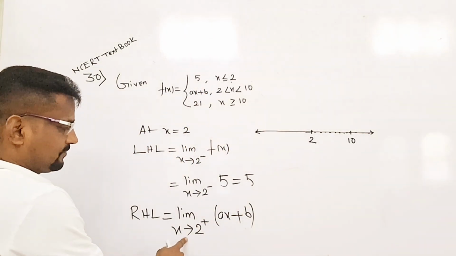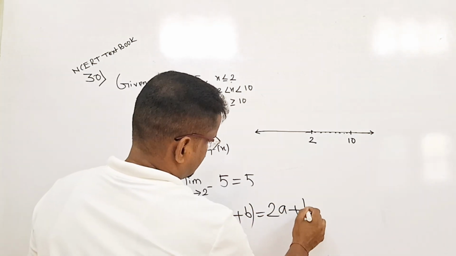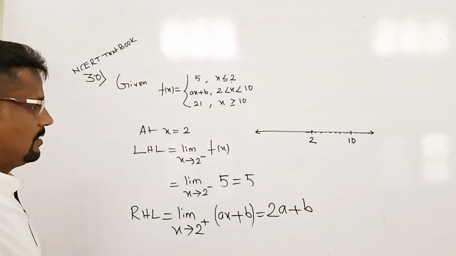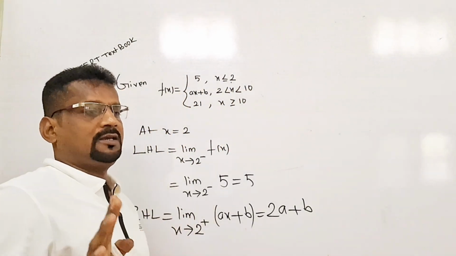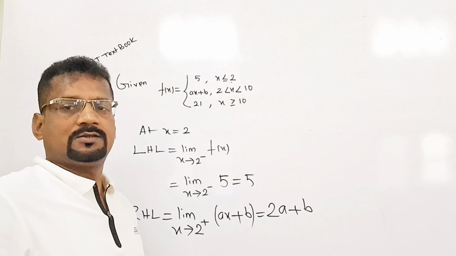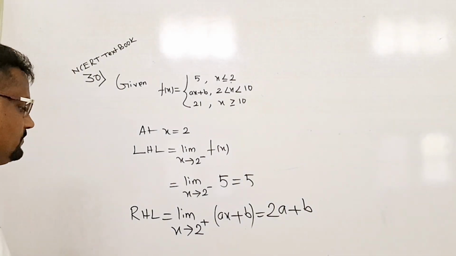Now take the limit, x will take the value 2, so the value is 2a plus b. Now you see, what is your aim? Your aim is to find 2 linear equations in a and b, so that we can find the values of a and b.